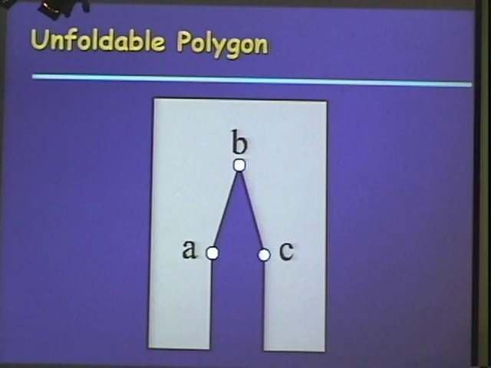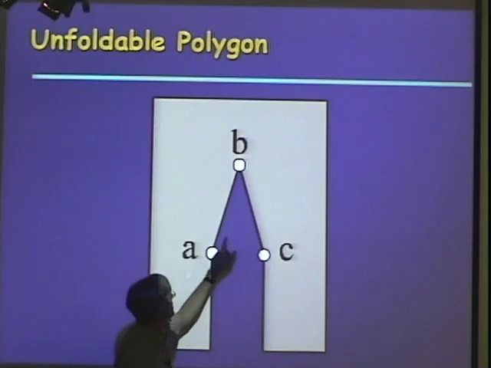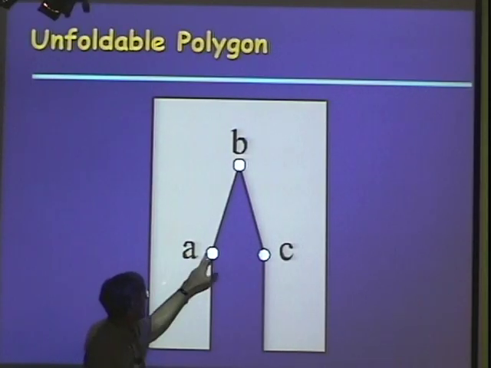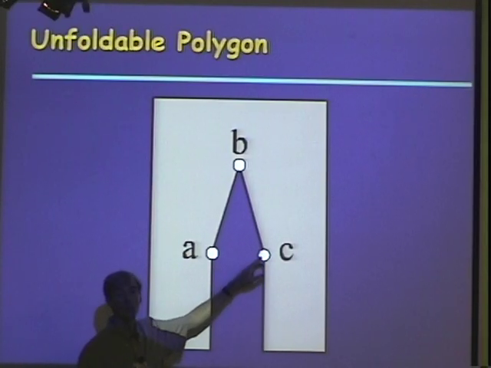Let me first show you that not all polygons are foldable in the sense of folding to a convex polyhedron. So I'm using foldability in a very special sense. I have to glue up this perimeter. I want to satisfy Alexandrov's conditions. One way to glue up this perimeter is to glue A to C, and that won't work because that puts more than 2 pi right there. So that's illegal.